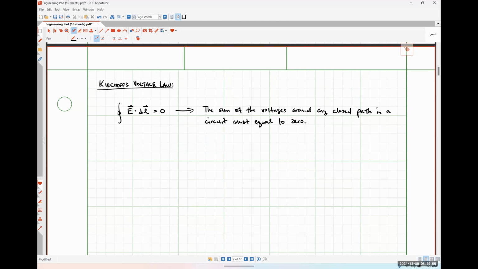That is just the law of conservation of energy. Because if we created or destroyed energy, meaning that the total sum wasn't equal to 0, we have violated our laws of physics. So KVL, as it's commonly known, is just the law of conservation of energy as applied to circuits. So it is very similar to Tellegen's theorem, which is saying some of the powers added together must equal to 0, because it's effectively explaining the same exact phenomenon, just from a slightly different perspective.